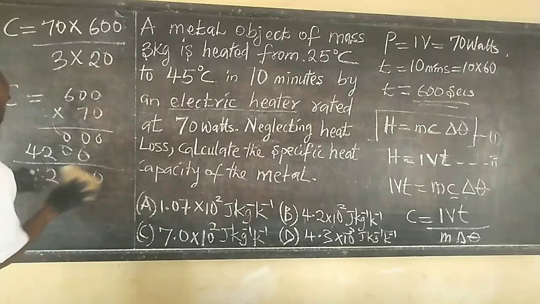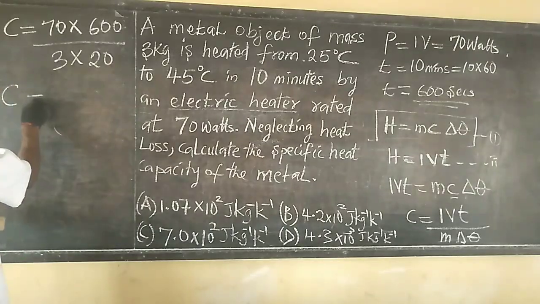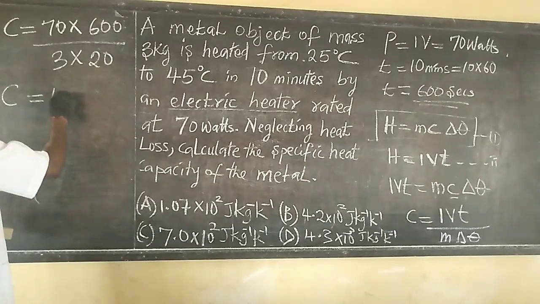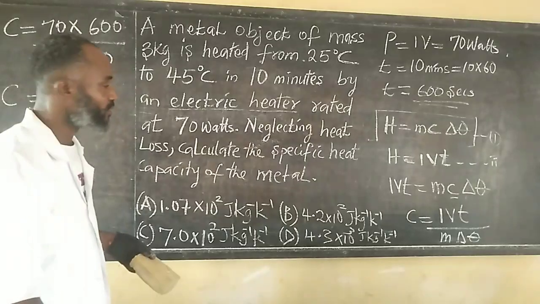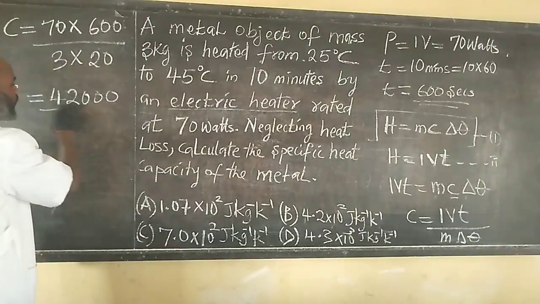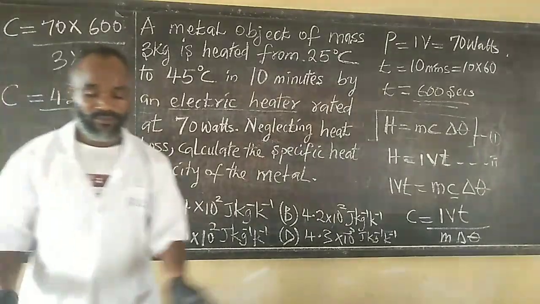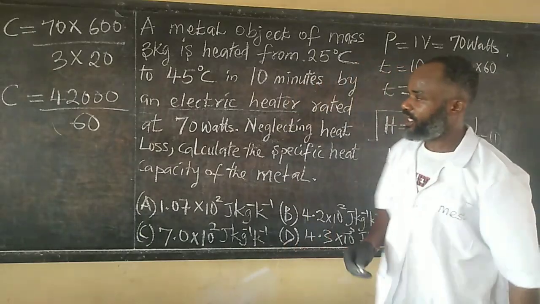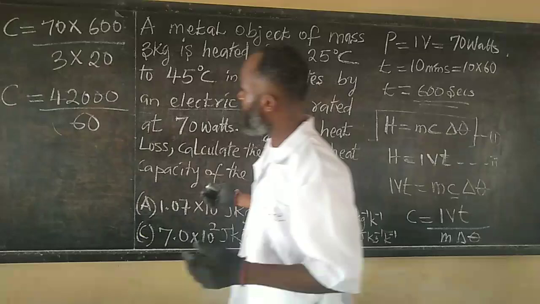What we need to do now, we now have 42,000. We have found all that. So this becomes 42,000 all over 3 times 20, which is 60. Check it very well. Is that 60? Okay.